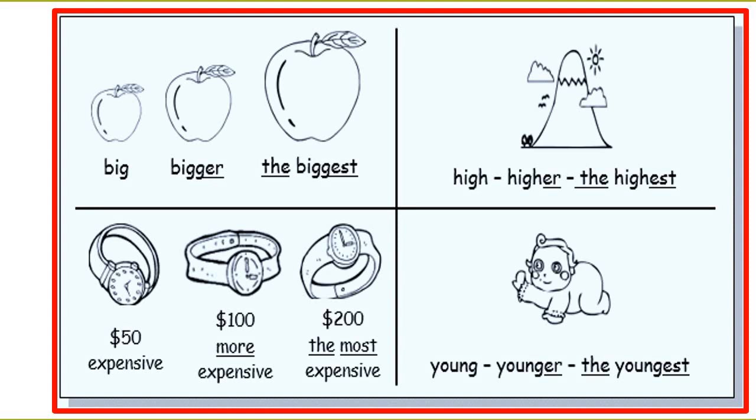Then there is a watch and the price is given there, $50, $100, $200. Then we can say expensive, more expensive, the most expensive. And there is a mountain, high, higher, the highest. And the last one, young, younger, the youngest.